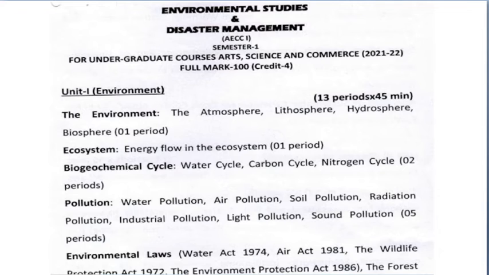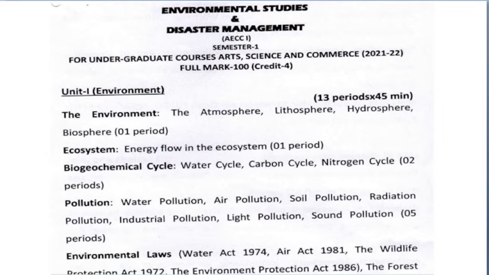The end term will be arranged by the university, and the midterm examination you will appear in the college. The end term exam also will be held inside the college campus, but the question paper will be shared by the university faculties. In the midterm, whatever is discussed with you in your class, the teacher will set the question.